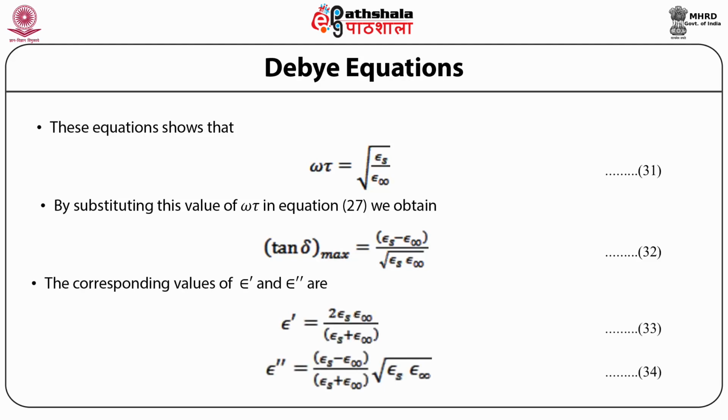The corresponding values of epsilon prime and epsilon double prime are: epsilon prime is equal to 2 epsilon s into epsilon infinity divided by (epsilon s plus epsilon infinity), and epsilon double prime is equal to (epsilon s minus epsilon infinity) by (epsilon s plus epsilon infinity) into square root of epsilon s into epsilon infinity.